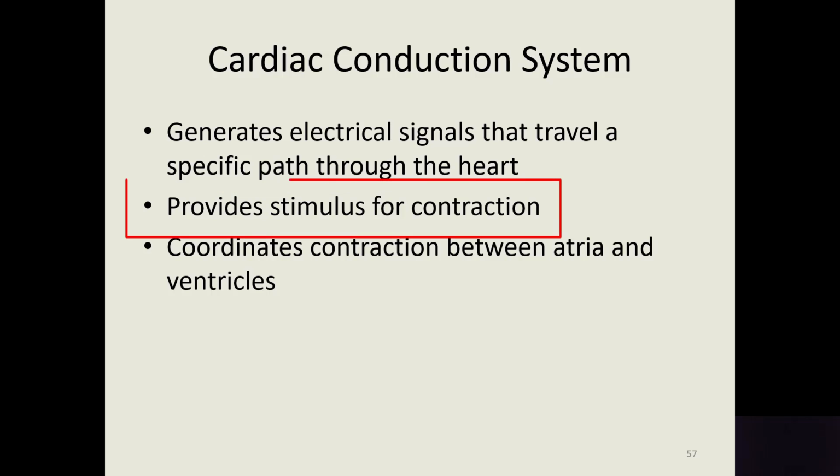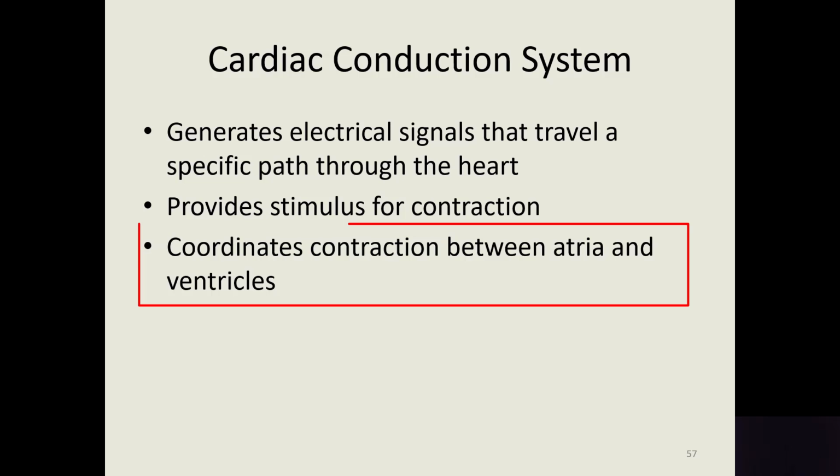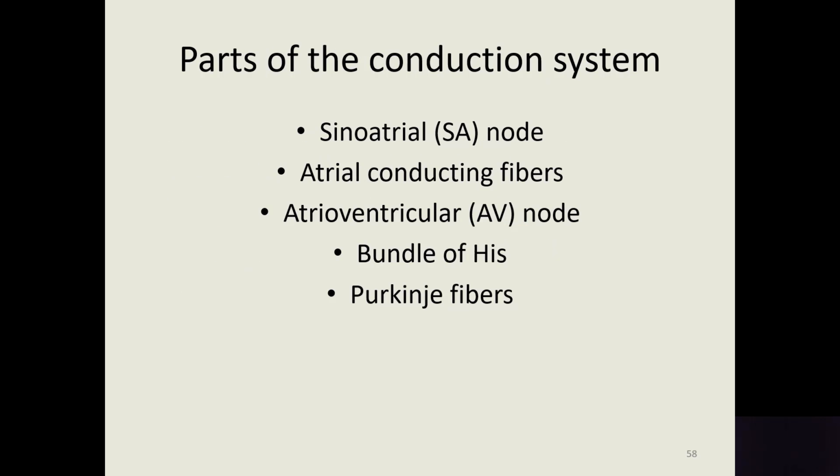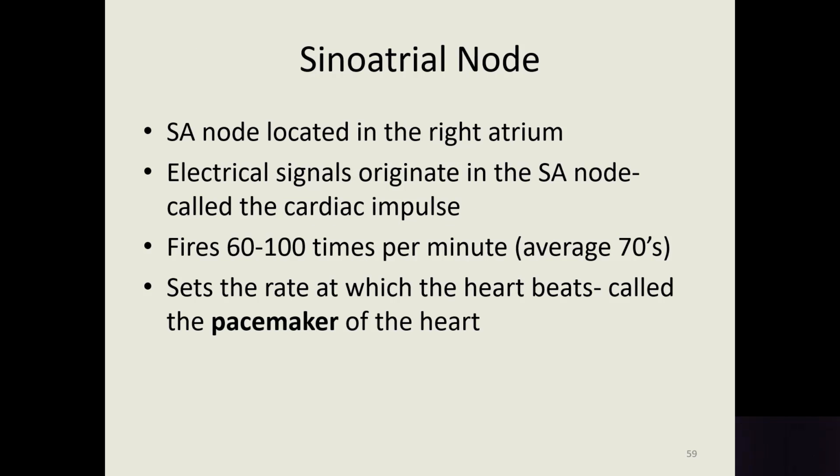They are able to provide their own stimulus for contraction, and they are able to coordinate contraction between the atria and the ventricles. So this is a list of the parts of this conduction system through the heart: the sinoatrial node, the atrial conducting fibers, the AV node or the atrioventricular node, the bundle of His, and the Purkinje fibers.